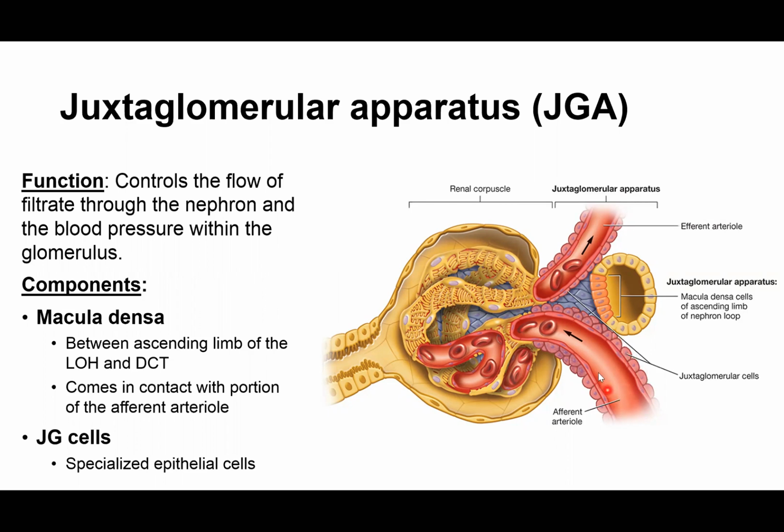cells, the juxtaglomerular cells, once they sense that the pressure is too high, they can actually cause the blood vessel to vasoconstrict, right? So it can actually cause the blood vessel to get smaller, all right?